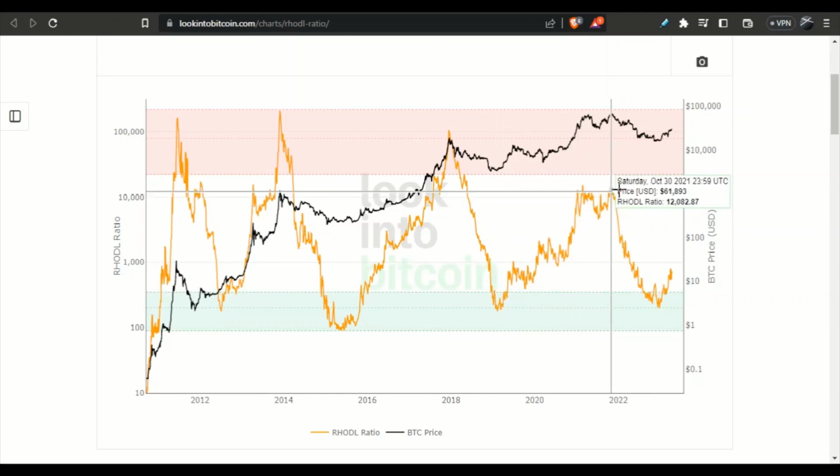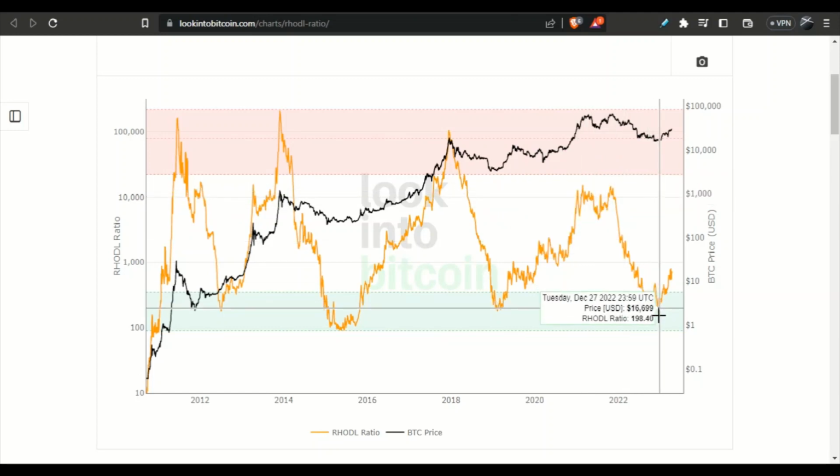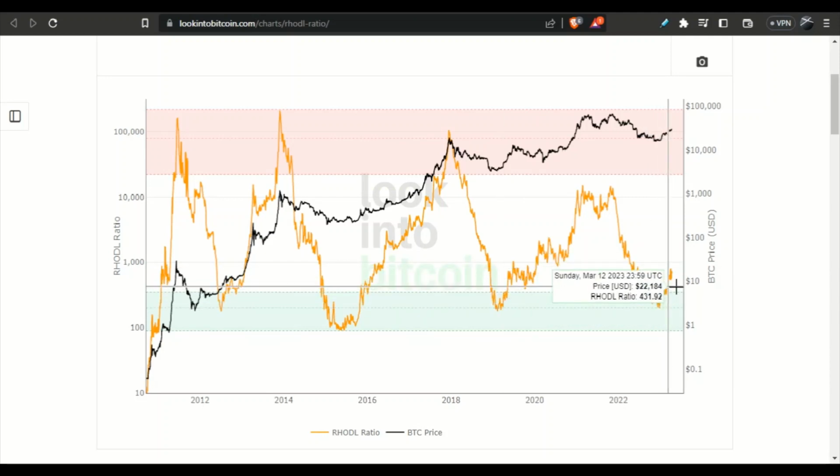Then the peak here, we didn't even hit the red or overbought territories, but at the bottom here we did a good job going into the green zone and reversing from there, and currently we are up.